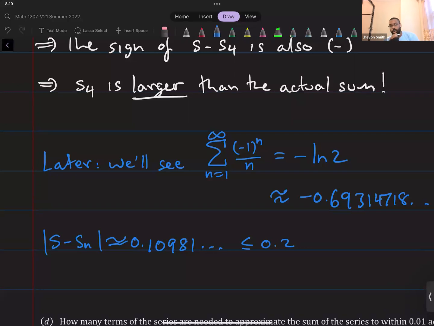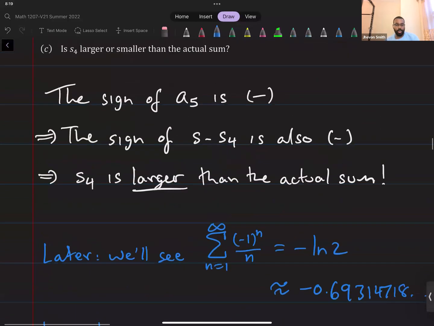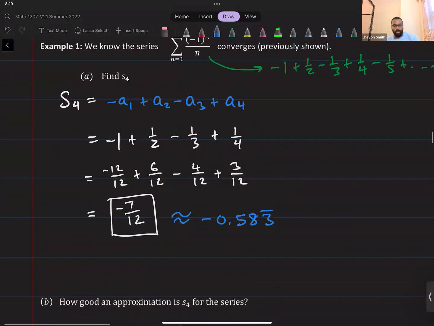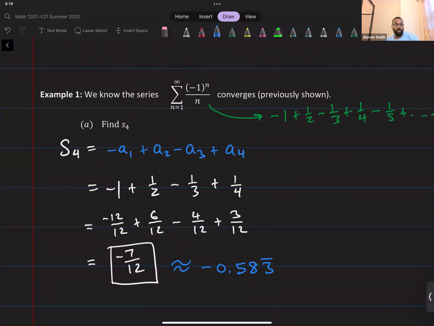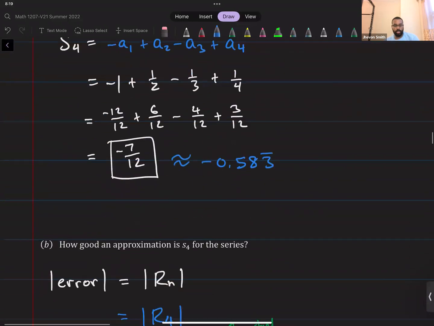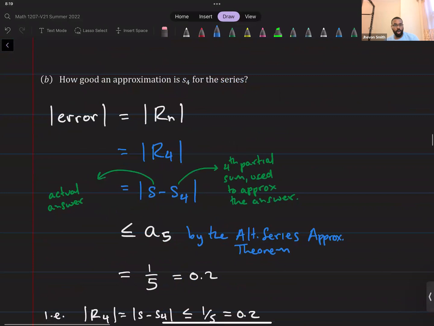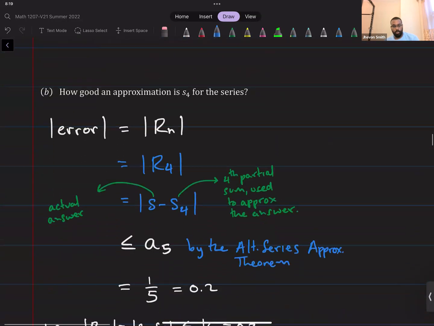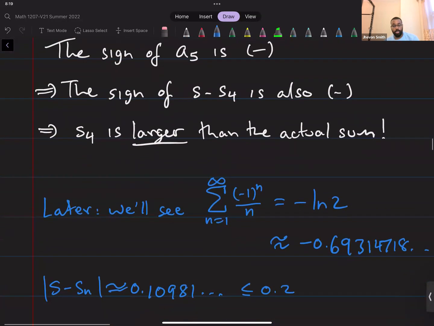So we actually know what this adds up to, and it falls in line very nicely with the calculations that we're doing here. We're like a little over 0.5, almost 0.6. We know we're about 0.2 off. We also know that this is bigger. So the guess would be we're around minus 0.7. And it turns out that that is actually true. So I thought just showing you the actual numbers would be pretty cool.